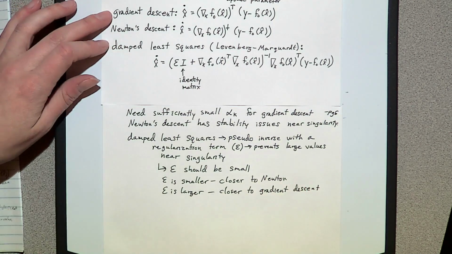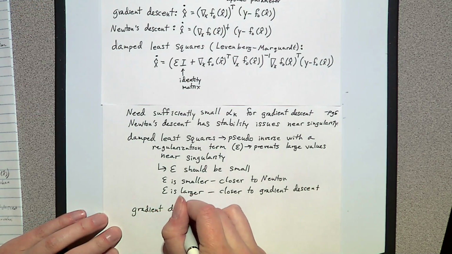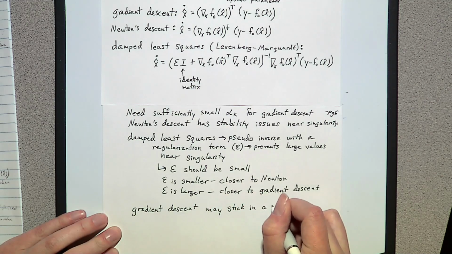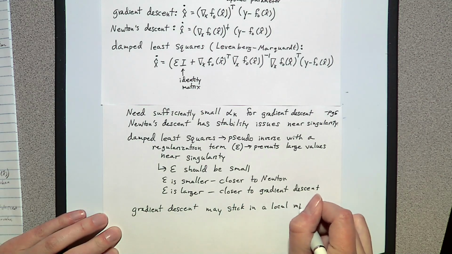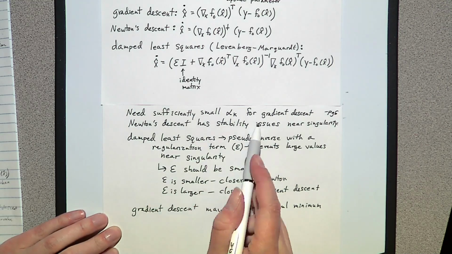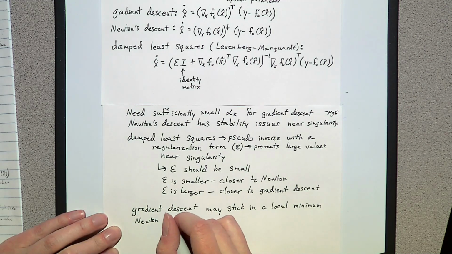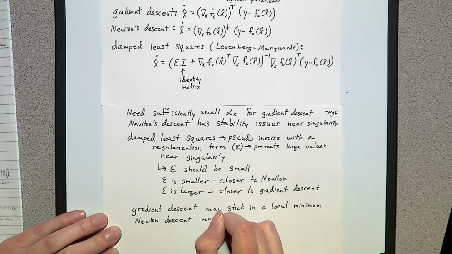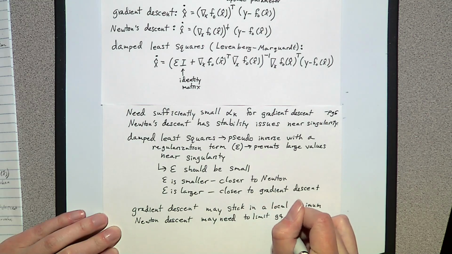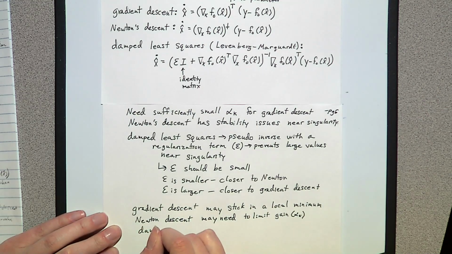Other problems with those first two methods are that the gradient descent may get stuck in a local minimum, and because of those stability issues, Newton descent may need to limit that gain, that alpha k. And so the damped least squares tries to balance the two.